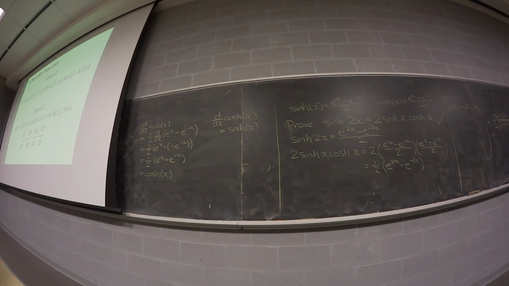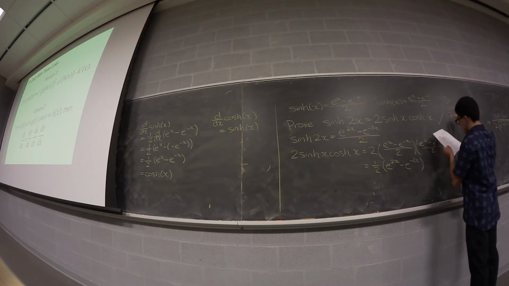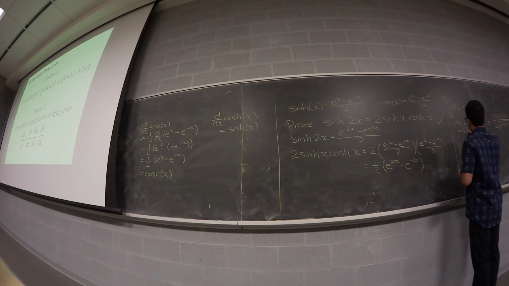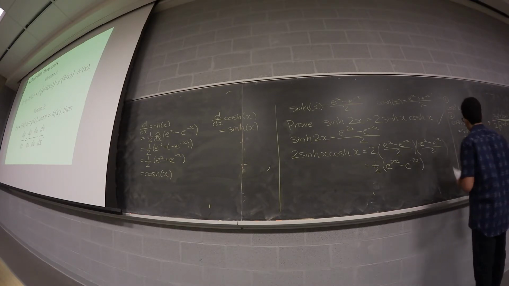So it's the hyperbolic version of the Pythagorean identity. And you can prove this one if you want. Cosh 2x is equal to sinh squared x plus cosh squared x.